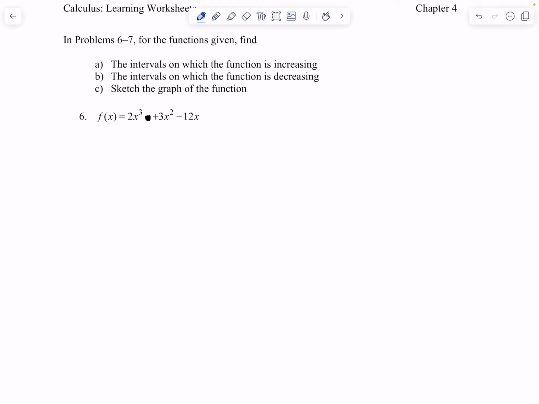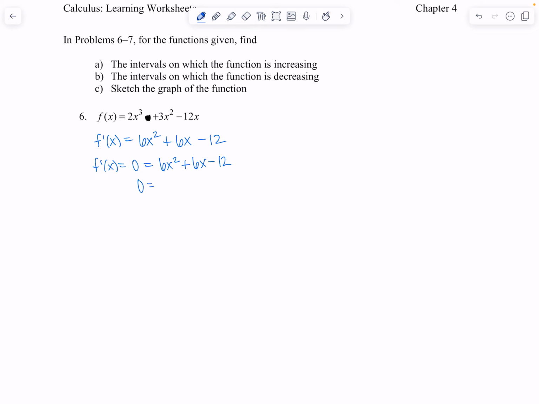So, derivative: 2x cubed is 6x squared, 3x squared is 6x, 12x is 12. Now we set our derivative equal to 0 to find our critical values.